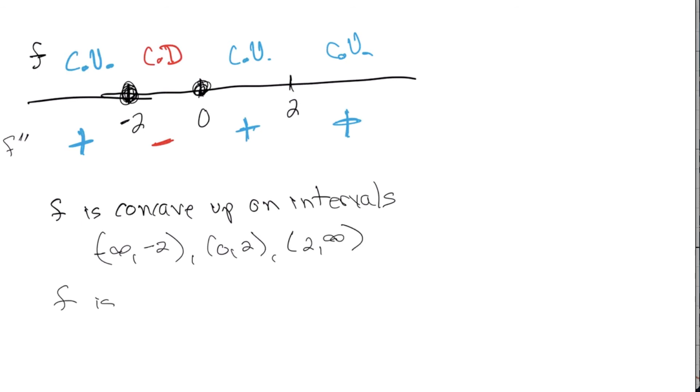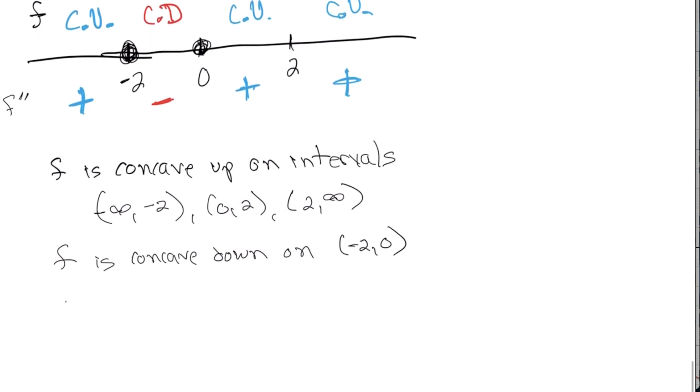And I'm going to say f is concave down on, and we had the one interval from -2 to 0. And then we can say the inflection points are where the concavity changes. So we said that was at x equals -2 and x equals 0.